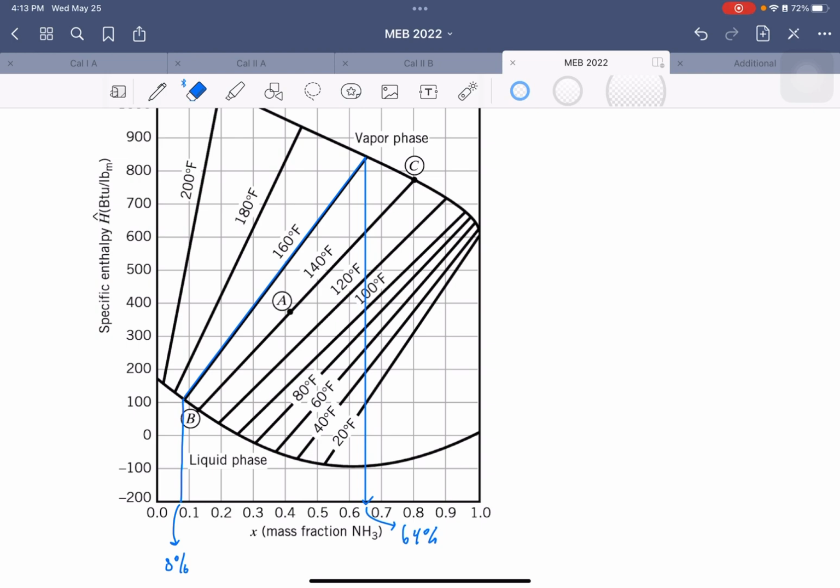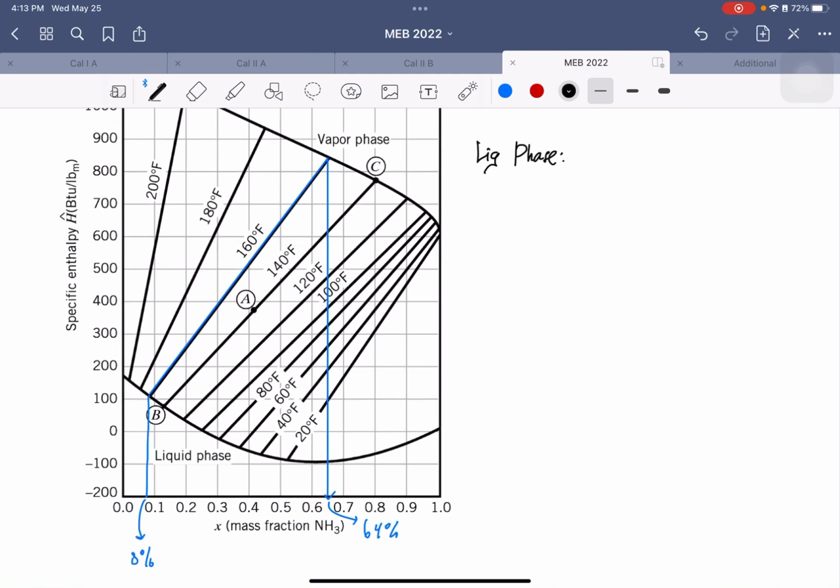So on the liquid phase, is 8% ammonia and 92% of water, right? And this is around the enthalpy of the liquid is probably 110.